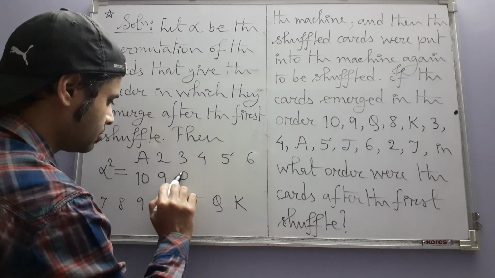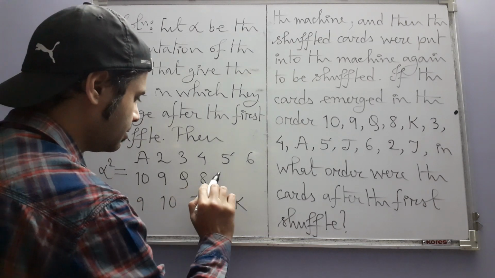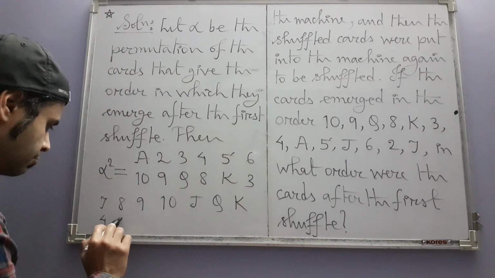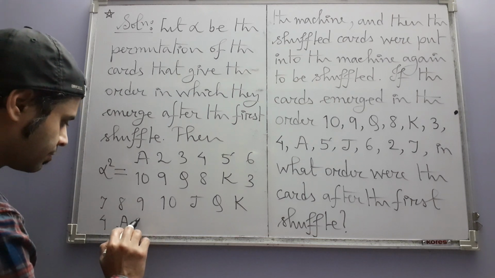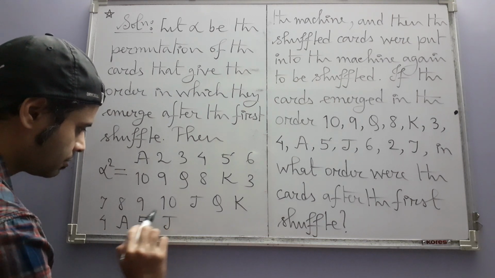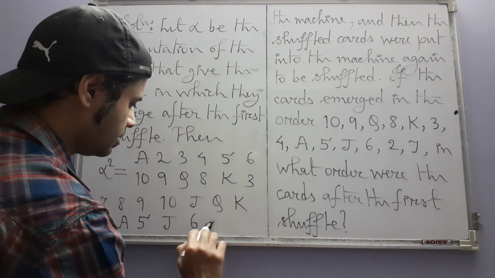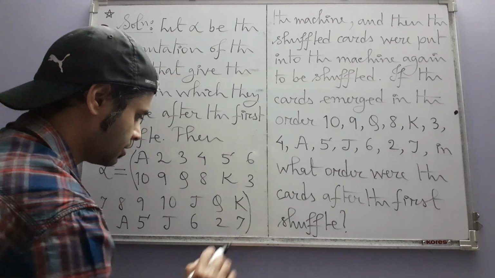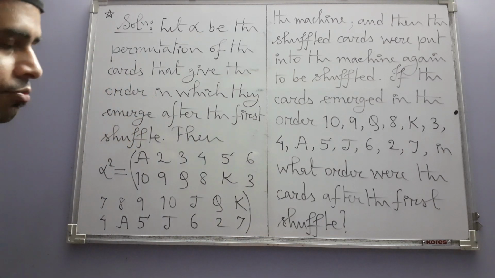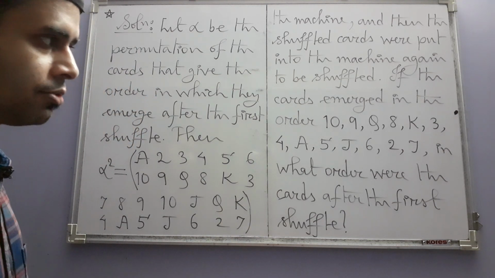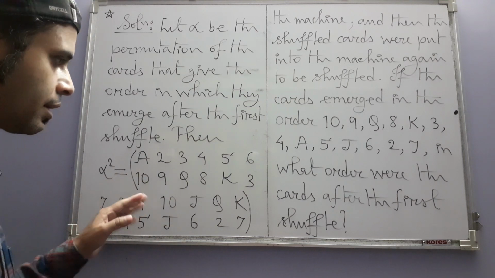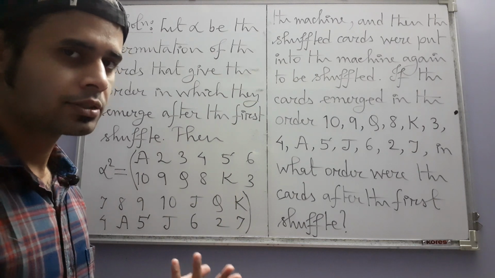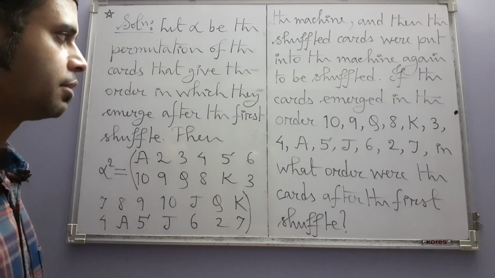10, 9, Queen, 8, King, 3, 4, Ace, 5, Jack, 6, 2, 7. So alpha square is this permutation, and we need to find alpha. Actually, it's not exactly alpha that we need to find, but the order in which the cards will appear after just one shuffle.